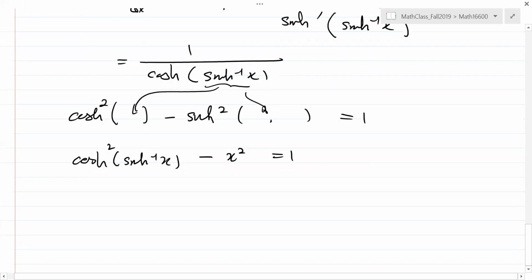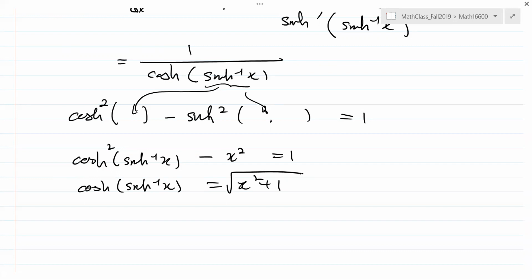If you move this x squared over, it's going to be x squared plus 1. Since you have to get rid of the square, it's the square root of that. Now, why is it not negative? Because hyperbolic cosine is always positive. All right, so we solve this.